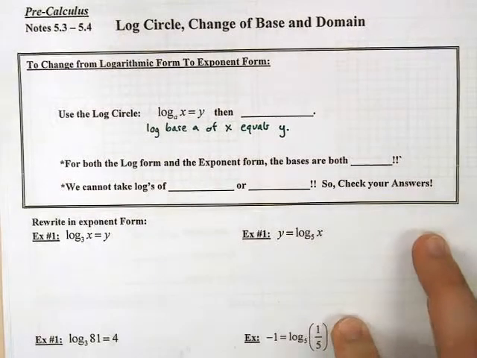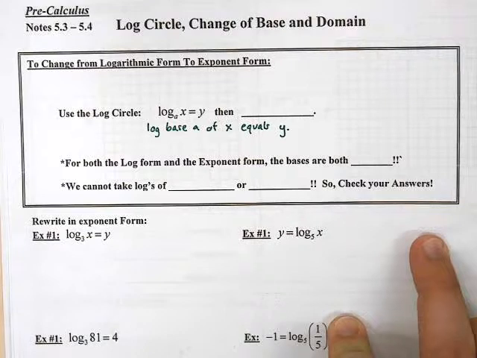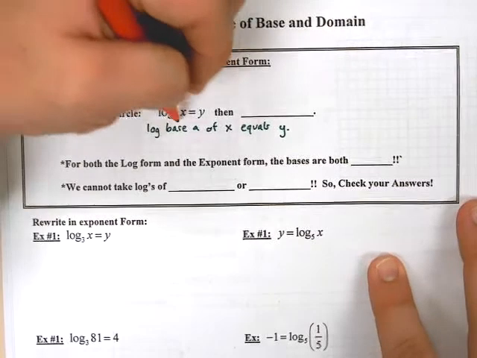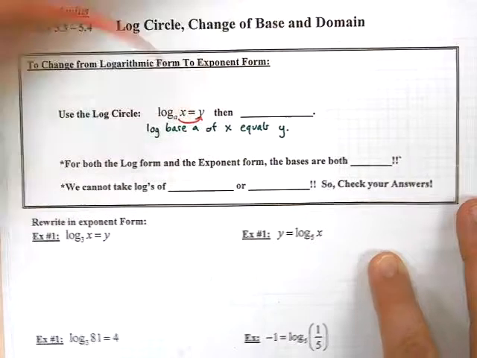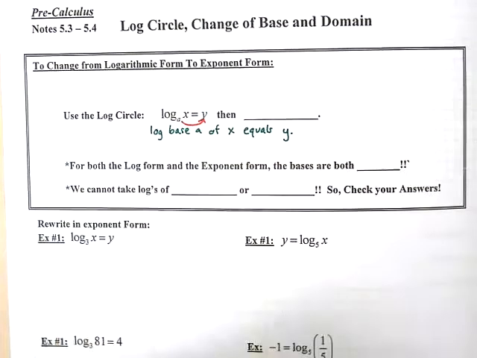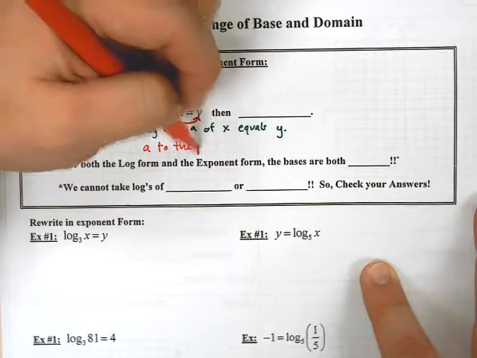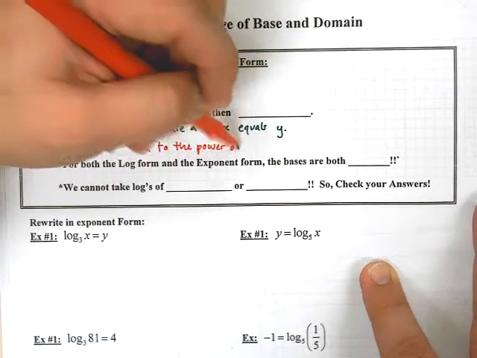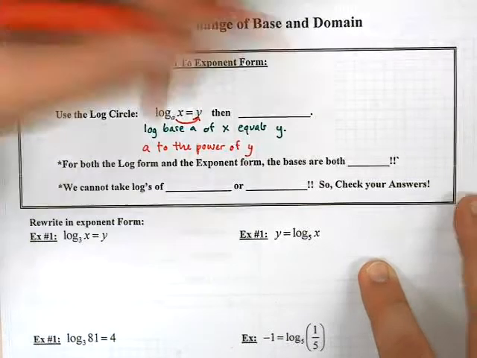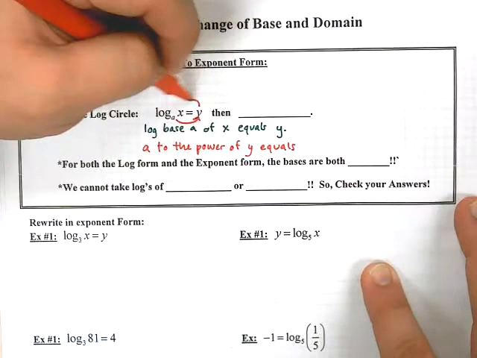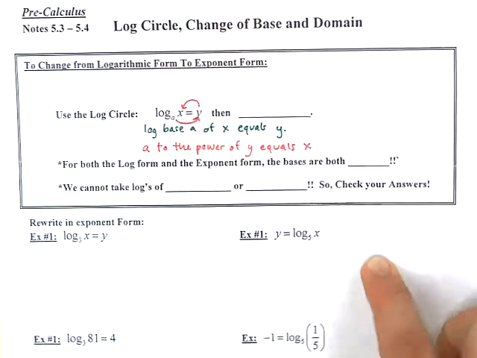So what we are going to do is change this using our log circle to something like this. We're going to go a to the power of y equals x.